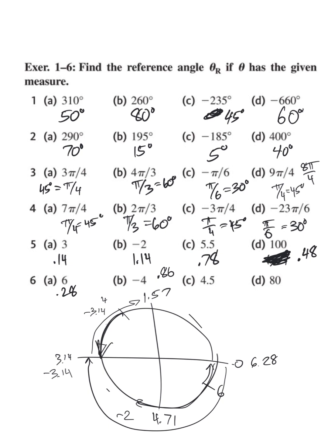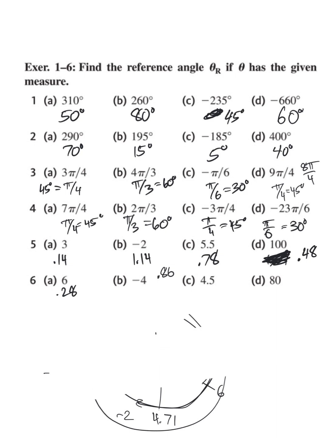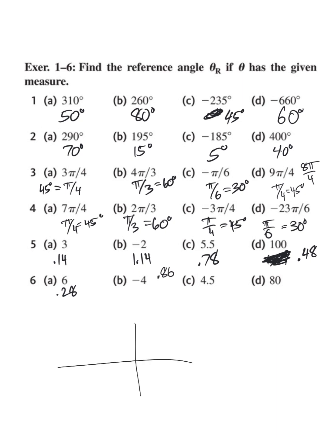And 4.5, so 3.14 and 1.57 is 4.71. So negative, I'm sorry, this is positive. Let's just erase and set this up again with a clean picture. When you're doing this on your homework, it's good to just draw a circle each time. 4.5, so we're going positive.